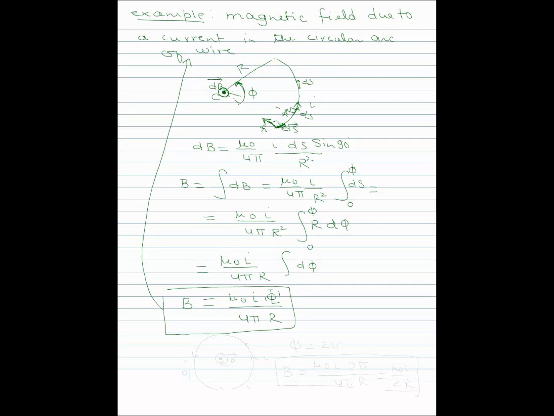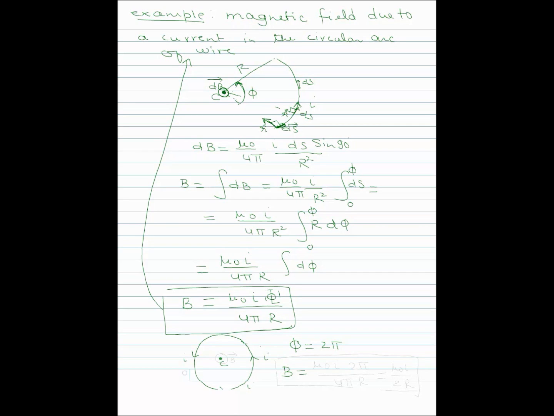Now what happens if you have a full circle? In other words, if you had to find the magnetic field at the center C due to current flowing around in a circle like this, we can use the result that we just found, except in this case phi is 2 pi radians because we are considering a full circle.